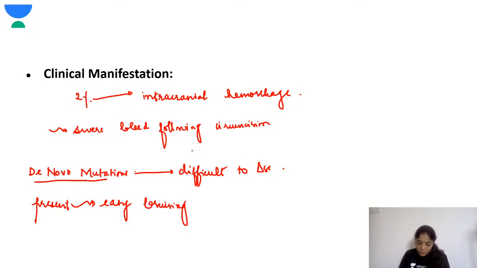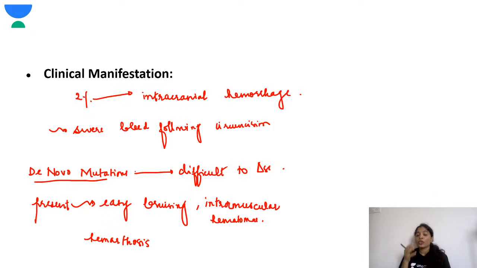There could be intramuscular hematomas. There could also be hemarthrosis. So what is hemarthrosis? There is bleed and swelling at the joints.